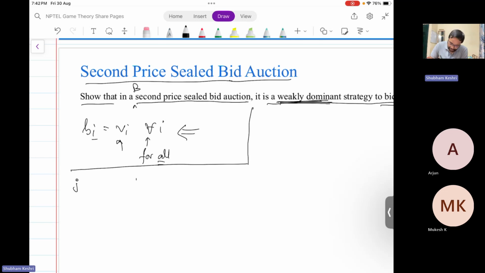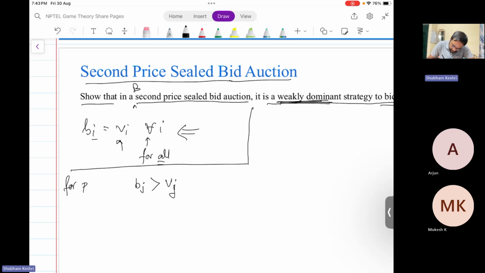When b_j is greater than b_i for all i not equal to j, what does it mean? All the other players are playing v_i. So just a minute. Okay, I'm just confusing myself.